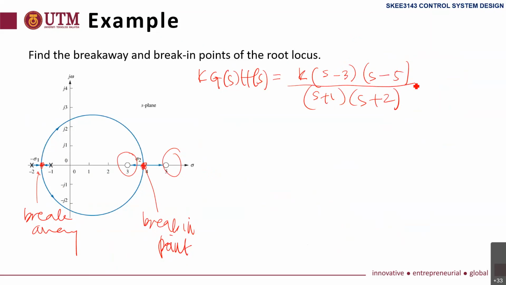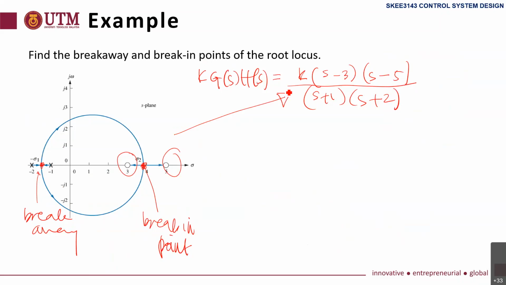So given the root locus, you can also find the transfer function, the poles and zeros. I remember a question last time: they just give the root locus and ask students to find the poles and zeros. So you can directly obtain from this.